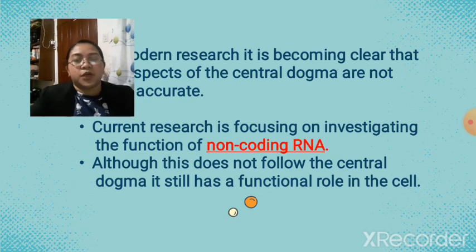So there is a possibility that a DNA cannot also be translated into a protein. Although this does not follow the central dogma, it still has a functional role in the cell.